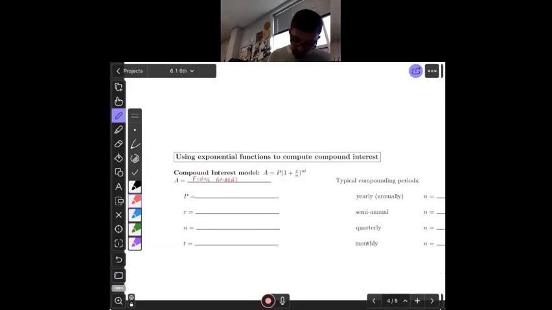So watch out for that switch here. And then P, which is going to be the principal, which is the initial amount, the amount that you put into the account. R, of course, is the rate. Interest rate as a decimal.